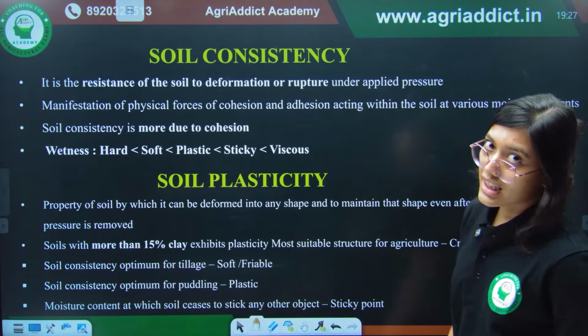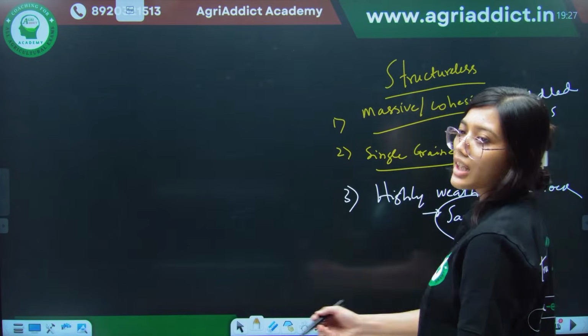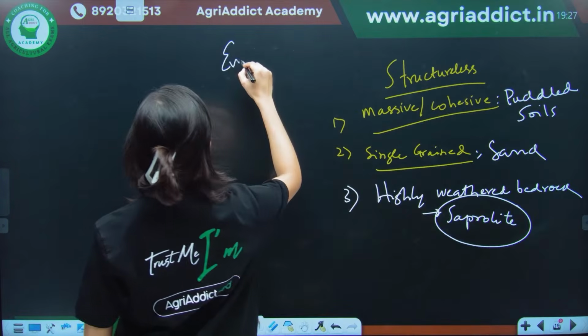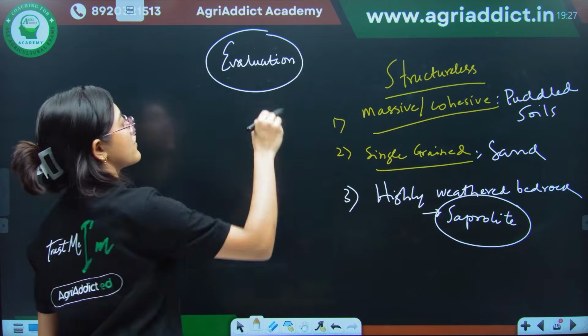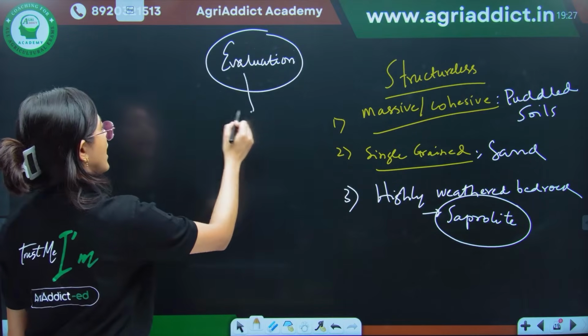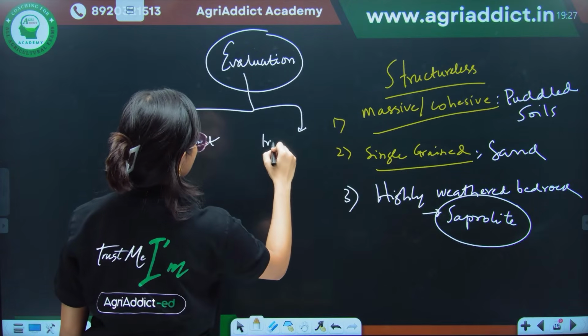Before the next thing that comes under structure, let me tell you that we can evaluate our soil structure, and that evaluation we can do either with the help of direct methods or indirect methods.